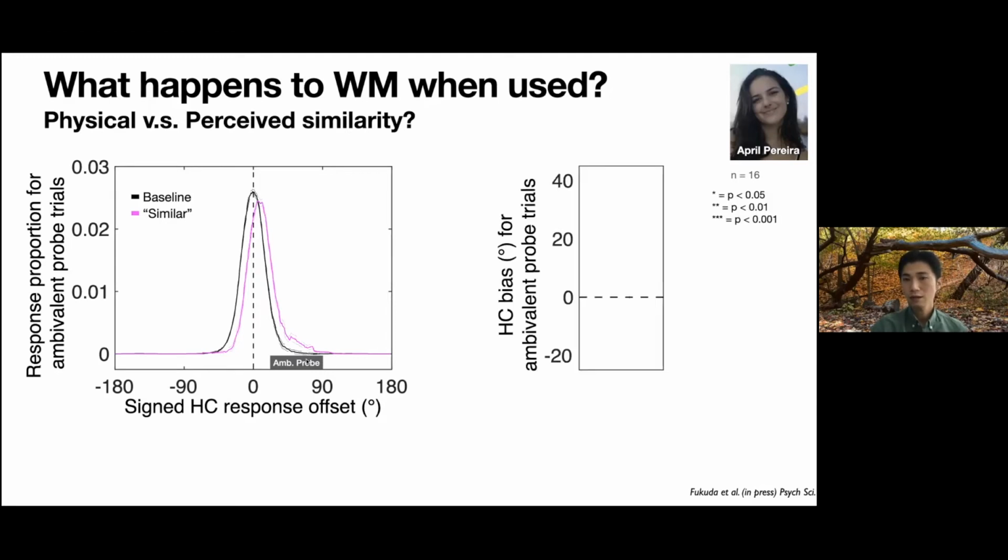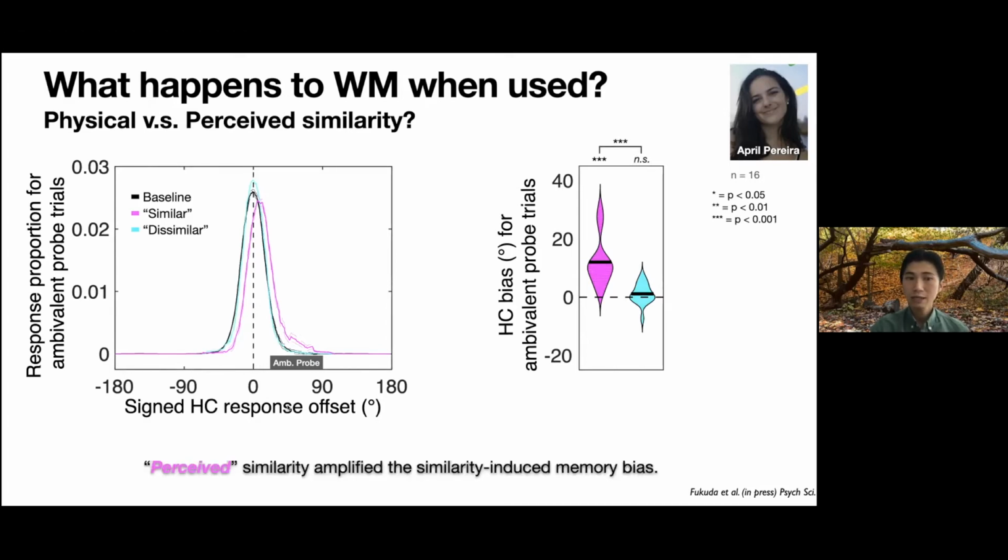And here is the magnitude of that bias. When the physically identical ambivalent probe was judged to be dissimilar, what we found is the lack of such bias. So what this means is that this similarity-induced memory bias is driven by the psychological perceived similarity of that probe.